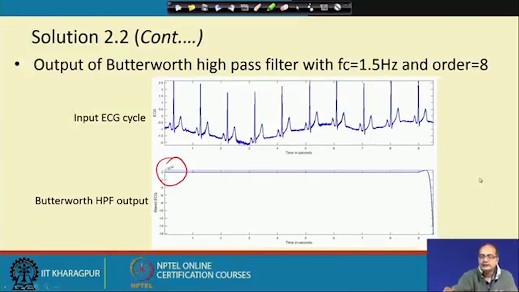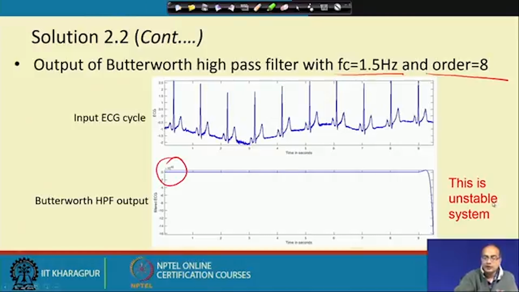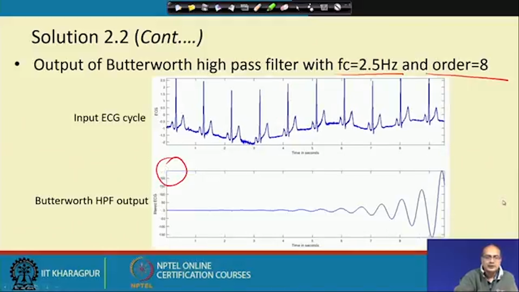Next, again keeping the model order 8, we increase the cutoff frequency, and again we see the same problem. Again we end up with an unstable filter, the transient goes on pretty long, and we are unable to get any desirable output, or rather our signal waveform is completely lost.